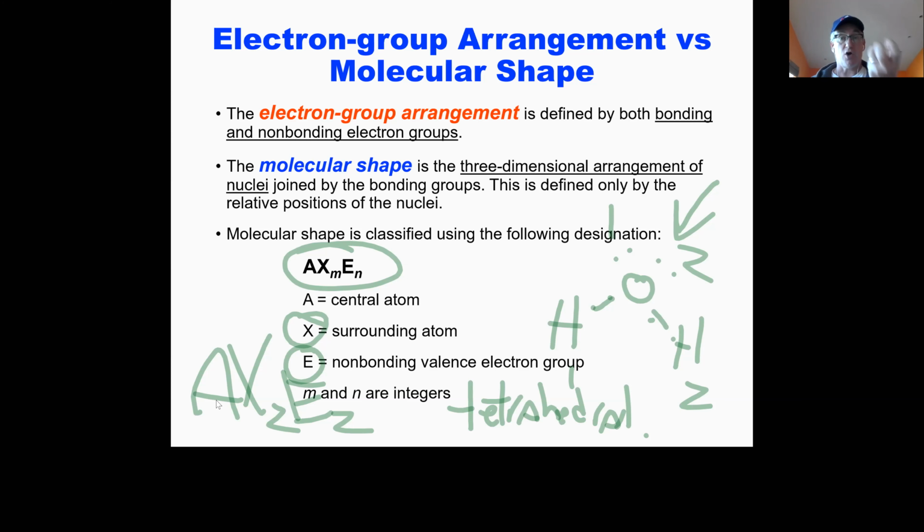So the lone pairs tell us I have AX2E2 for water. So I add up X2 and E2, that's 4. So it tells me that it is in the tetrahedral group, tetrahedral geometry. But what is the shape of the molecule?